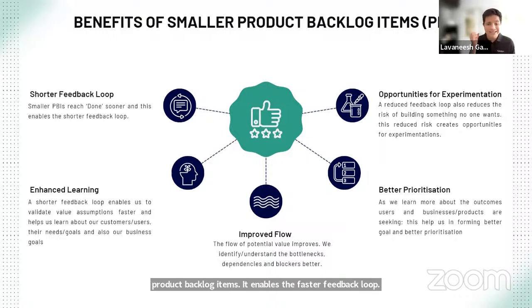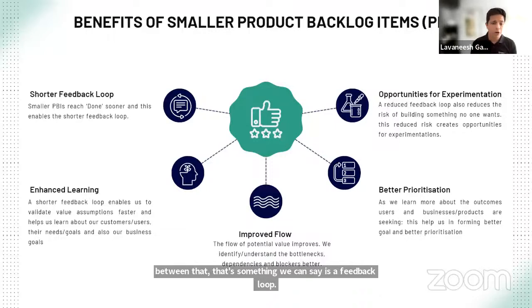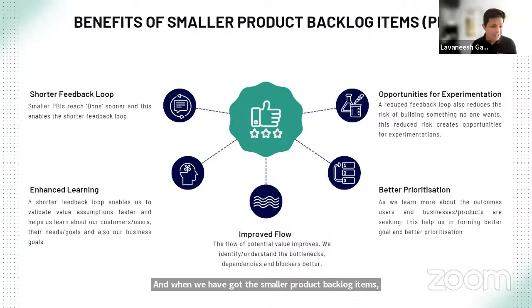Feedback loop with what? Somebody wants something and they get something, and that gap in between is what we can call a feedback loop. And when we have smaller product backlog items, they will reach the done state sooner.